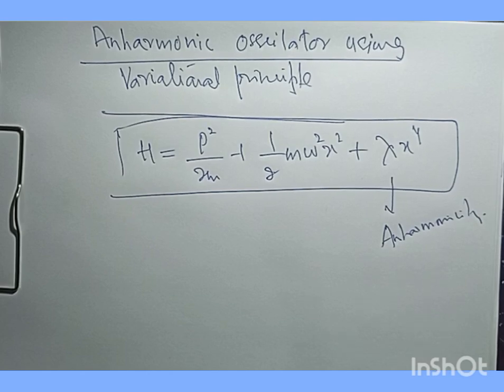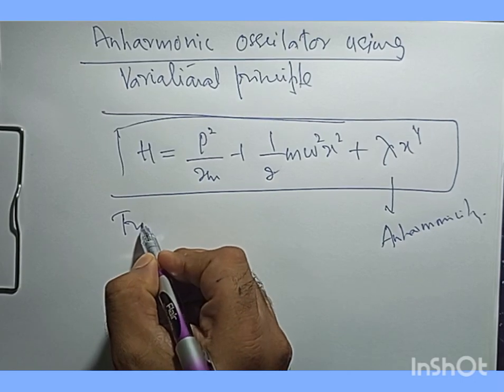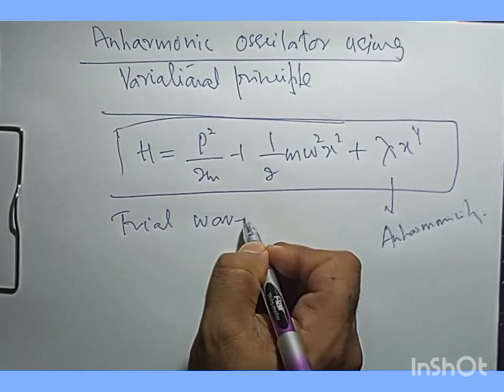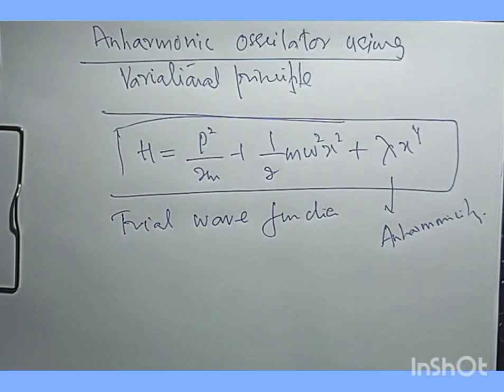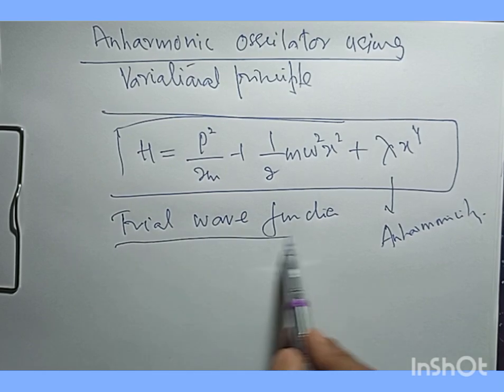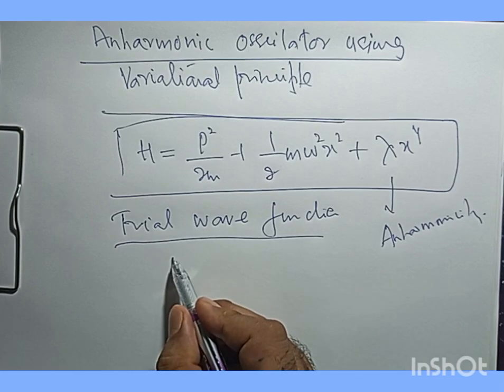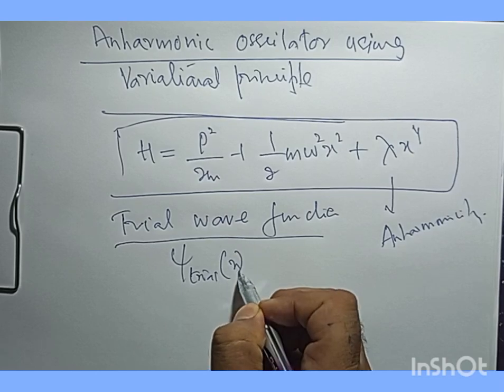It becomes useful. So as usual, we choose a trial wave function, and the key to using this variational principle is selecting a good trial wave function, which is our psi trial of x.